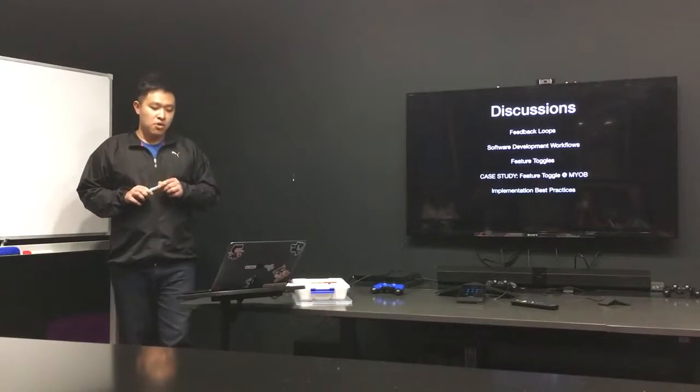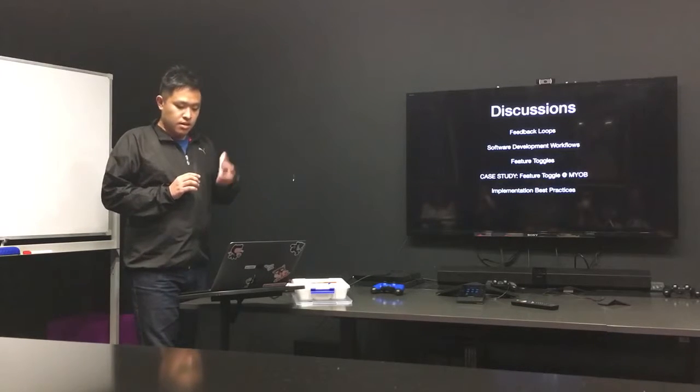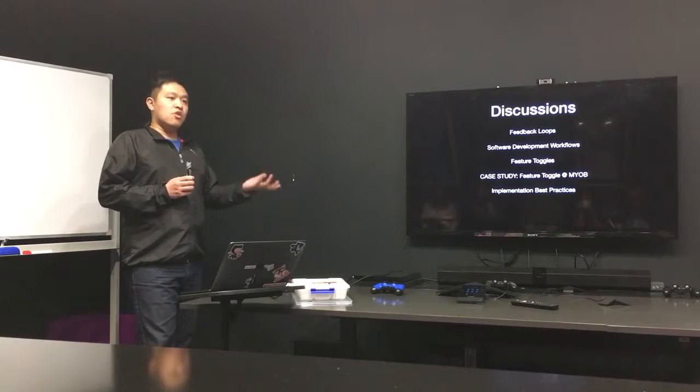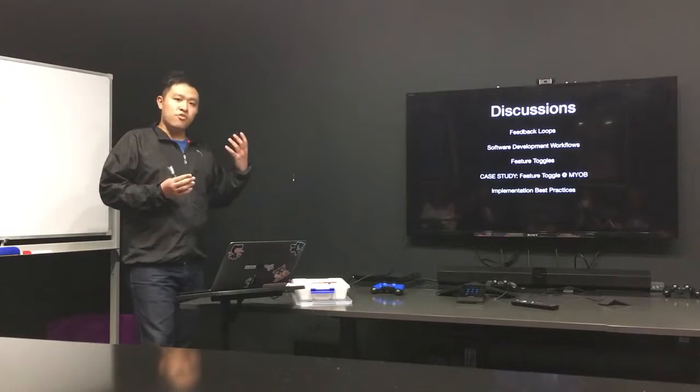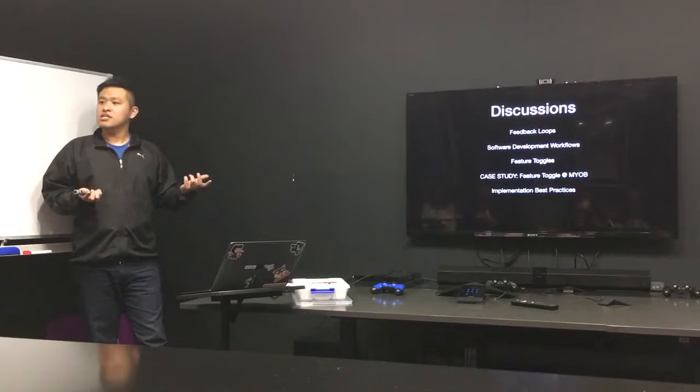So first we'll discuss the importance of short feedback loops and why it matters. And then we will explore software development workflows that are popular today, and then a deep dive into what feature toggles are. I'm going to use feature toggles and feature switching interchangeably. They're actually the same thing, just different terms.